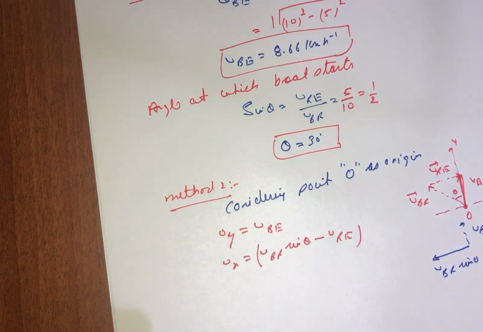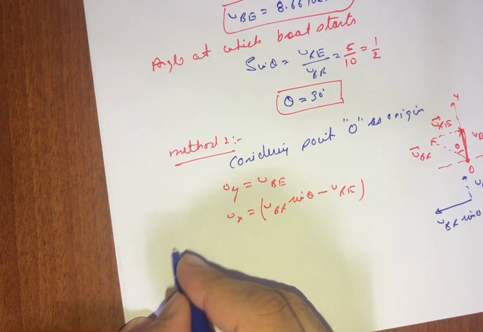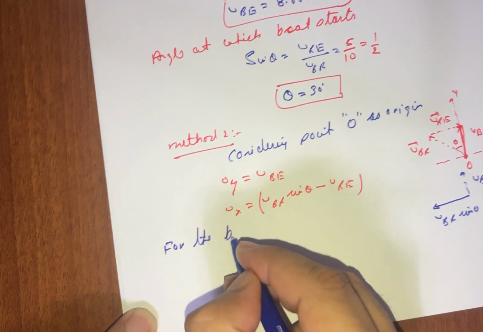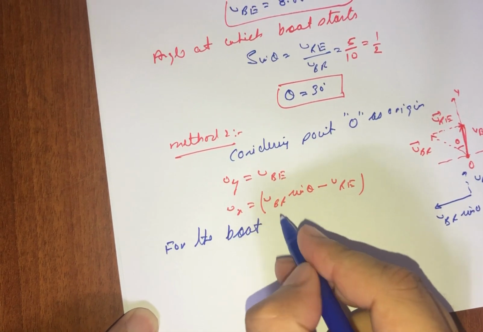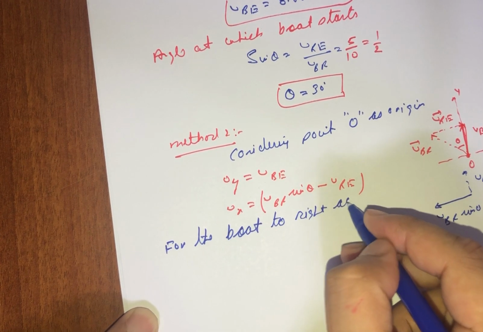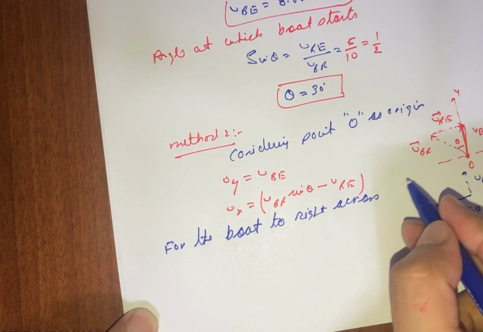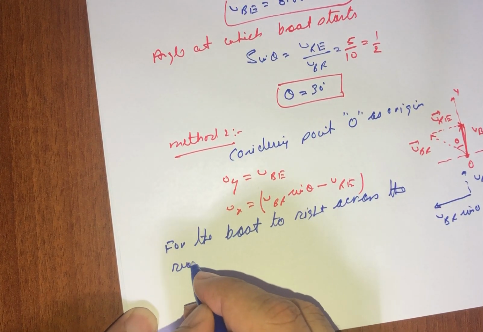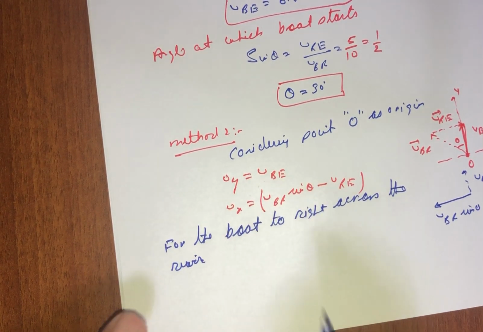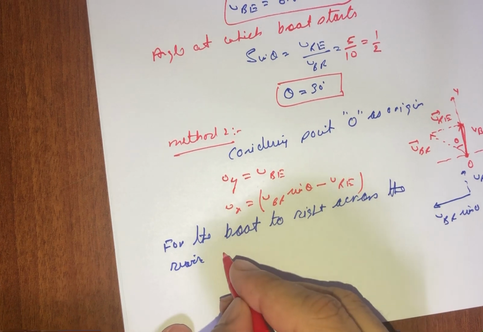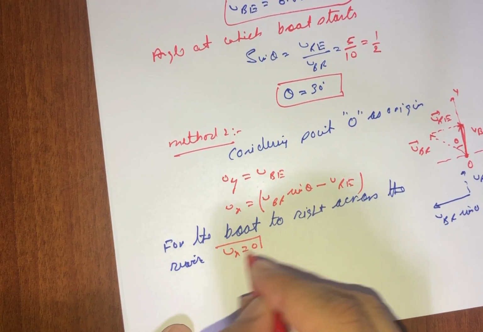Now the important concept is that for the boat to move right across the river, entirely in this direction, the x component should be equal to 0. So Vx should be equal to 0.